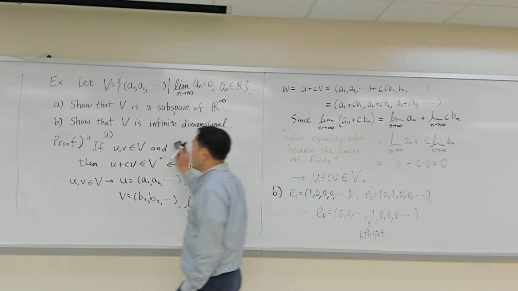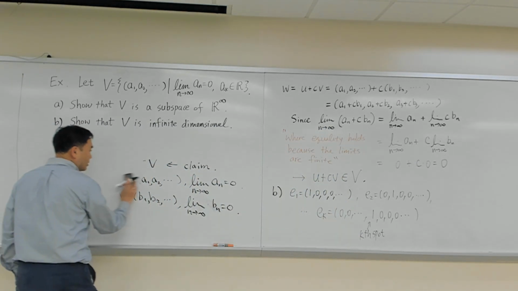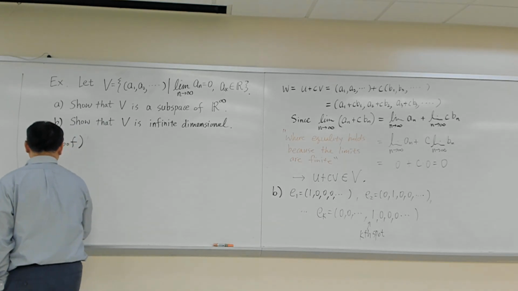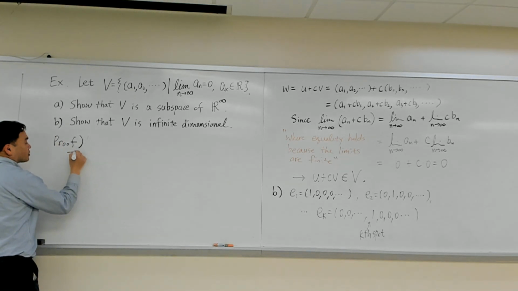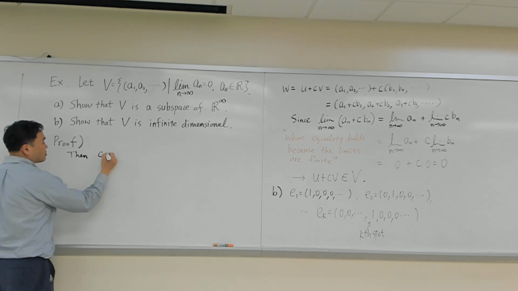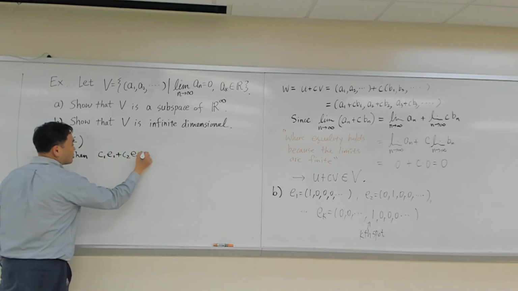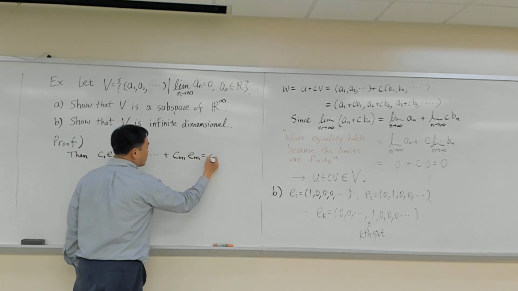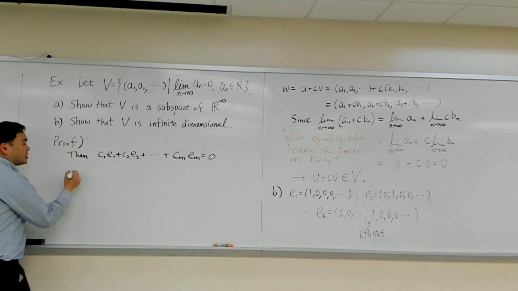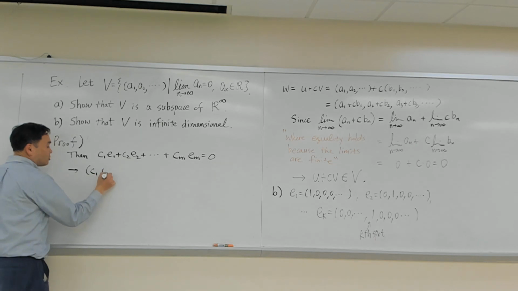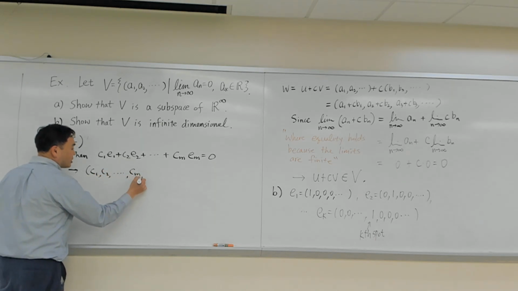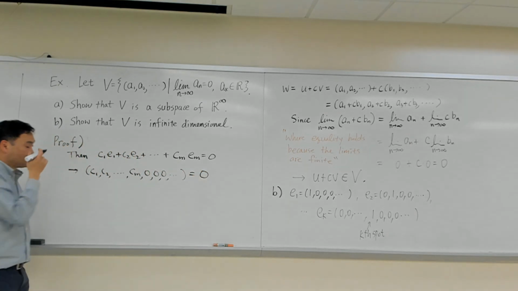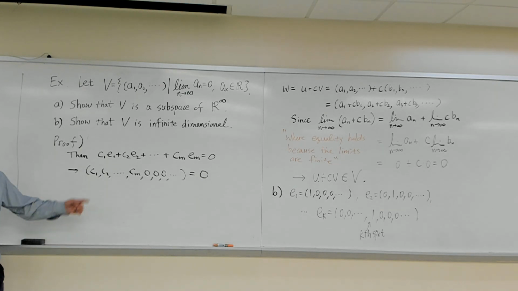Now, C1 times E1 plus C2 times E2, up to Cm times Em equals 0, means you have C1, C2, and so on, Cm, and then 0 afterwards, equals 0. Right? That's what this is.